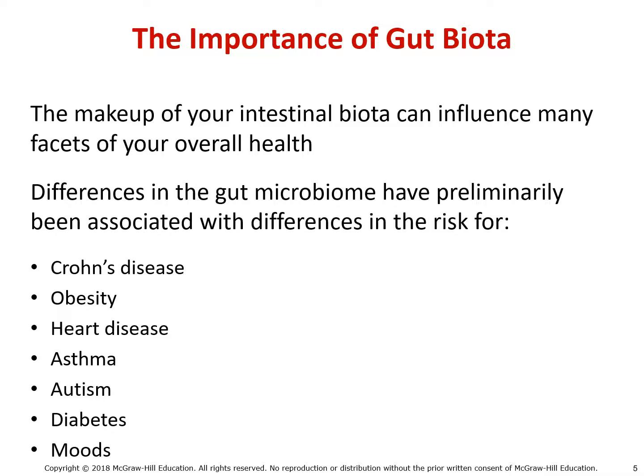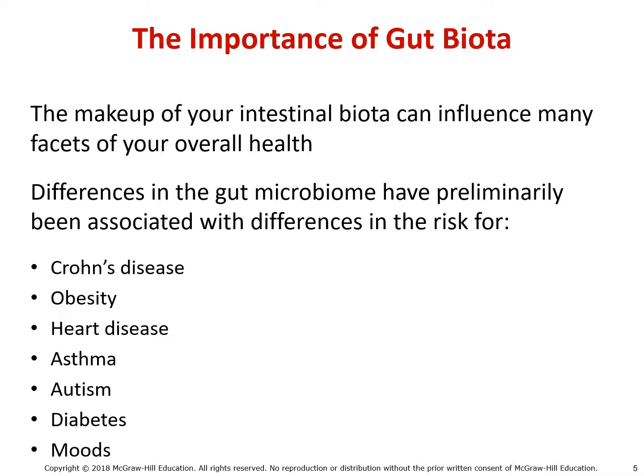The other important thing that we've discovered is that really the biota's presence has helped with overall health. And so the makeup of your intestinal biota can greatly influence really all aspects of health. So having good gut bacteria allows for good, healthy digestion.